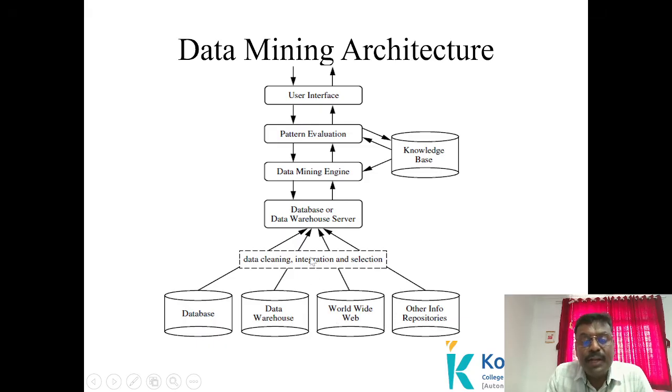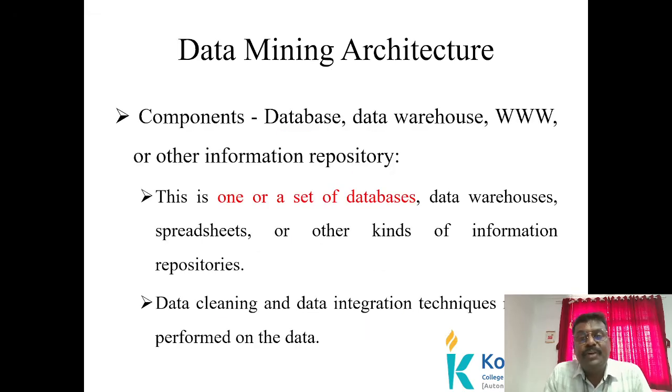You collect all the data through integration, then select the particular data using these techniques. Then comes pattern evaluation using the knowledge base, which has a set of conditions, rules or algorithms. Based on the algorithm, you can filter the data, or create a report using the data. This is the data mining architecture, explained one by one.